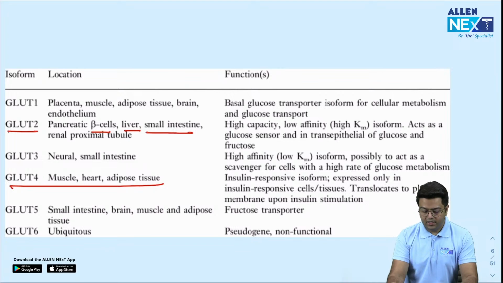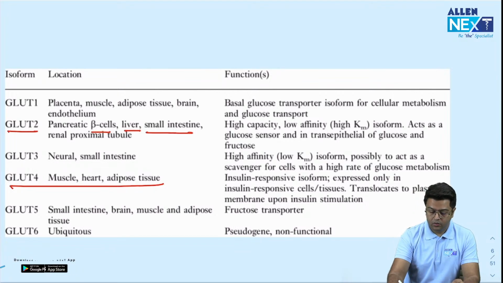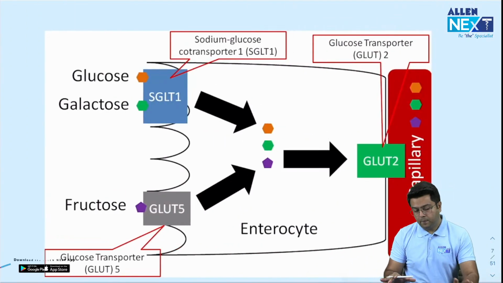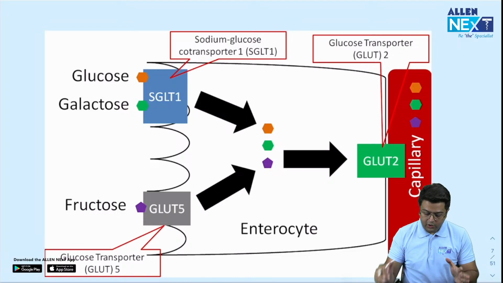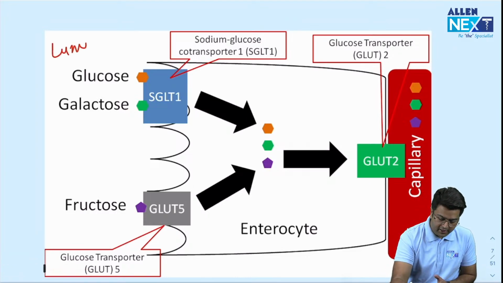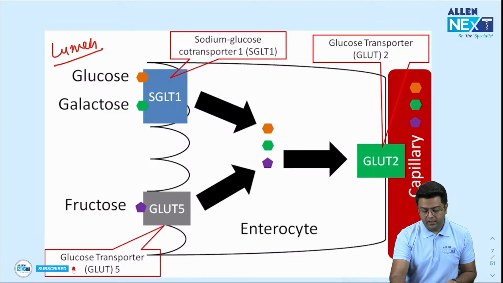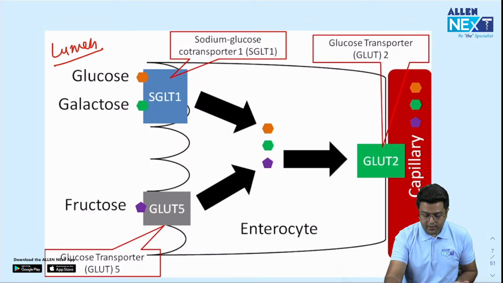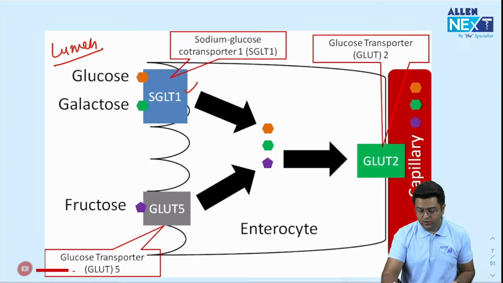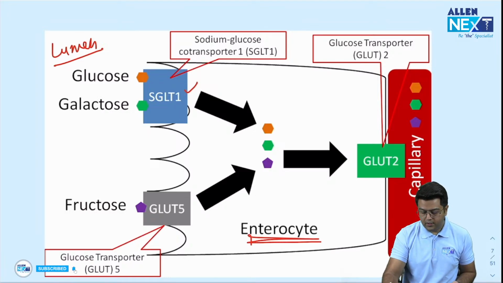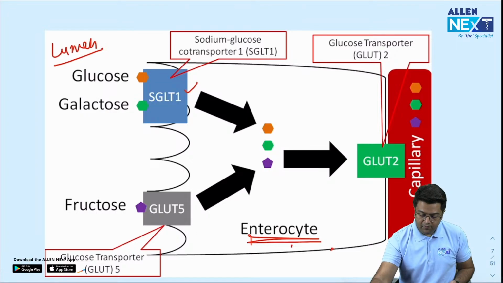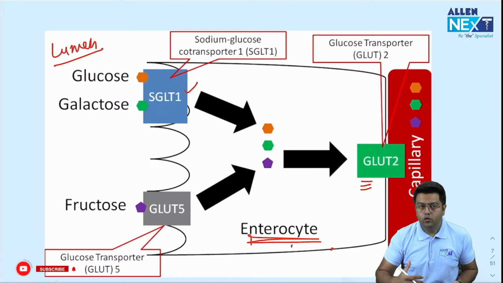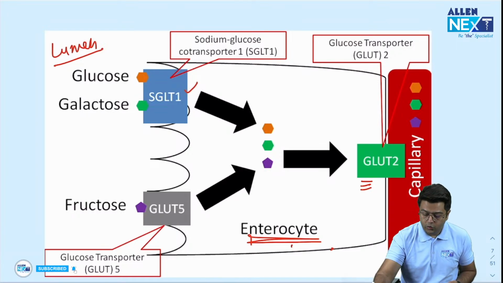But where in the small intestine, guys, that is again very important to understand. This recently also became important in one of the exams. See, if we look at the lumen of the intestine, suppose on the left hand side we have the lumen of the intestine. In the lumen of the intestine, what we consume is, let's say, glucose, galactose, fructose. So guys, glucose and galactose are absorbed through the GLUT1 into the enterocyte. So they enter into the enterocytes, and from there they will enter the blood via GLUT2. So there was a question like this: which of the following glucose transporters is present on the contraluminal side, right?